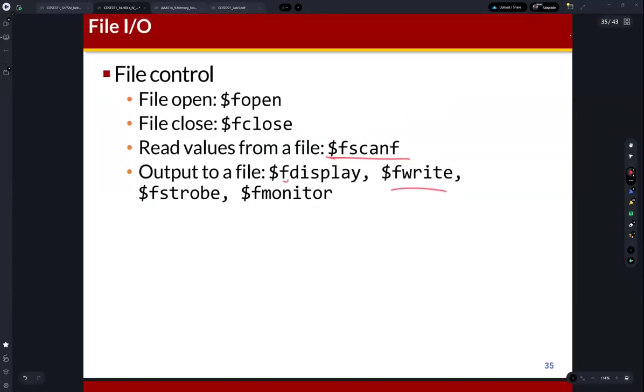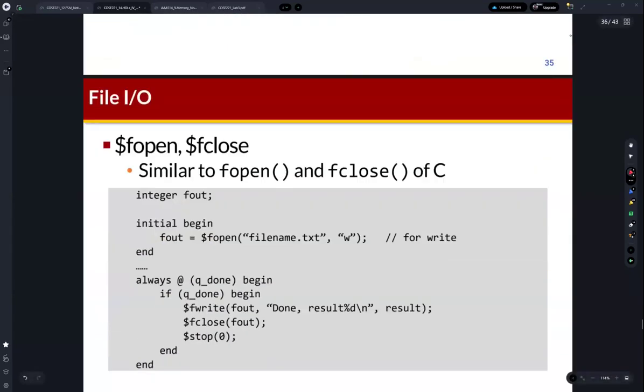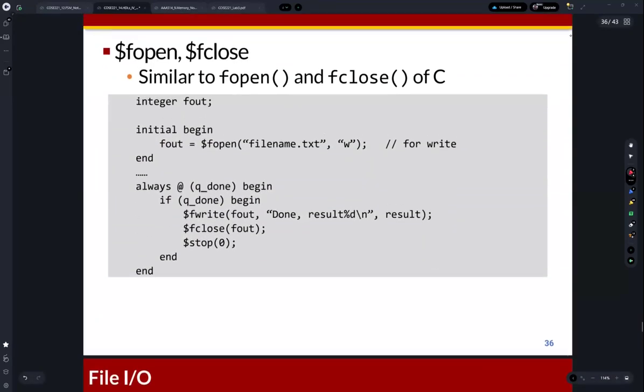So for the file I/O, you can add the $f. This is the example. In C, we need to define the file pointer using FILE, but in SystemVerilog we use integer, because in SystemVerilog we cannot find the pointer type.